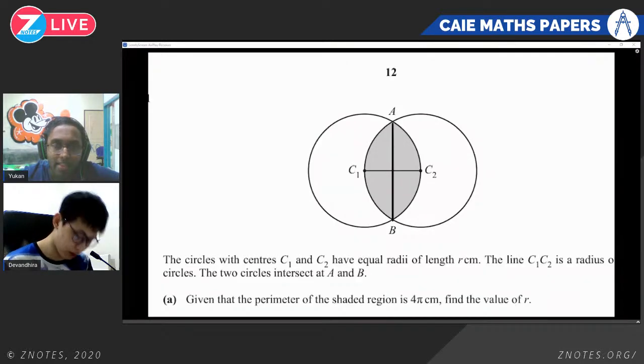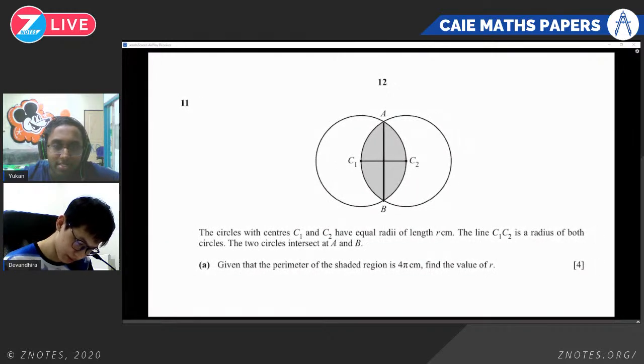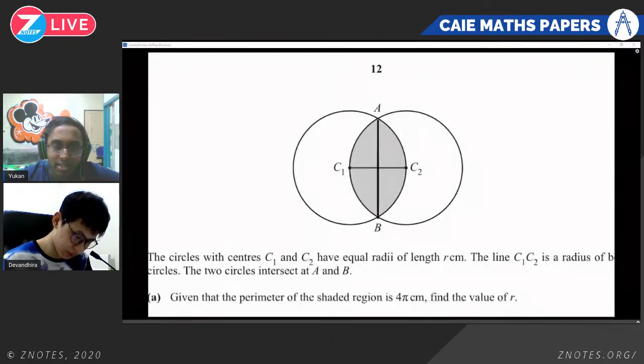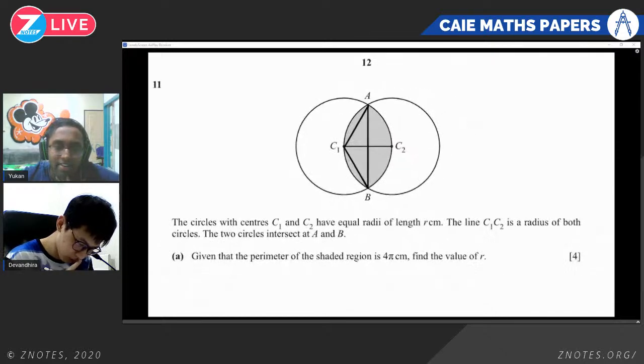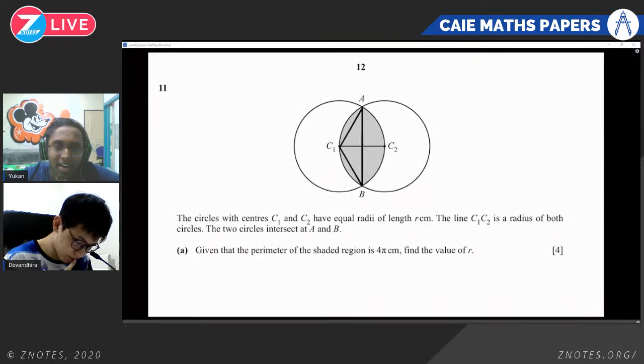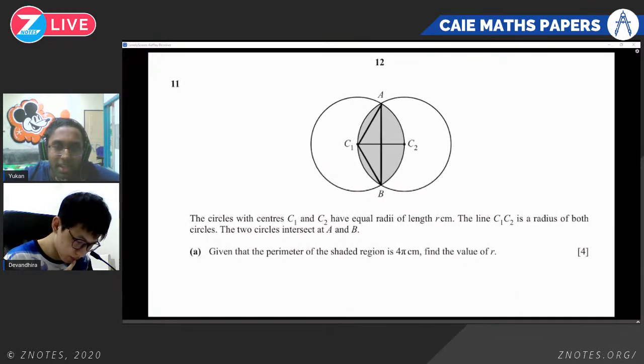Then we draw a straight line from C1 to A and C1 to B. From there, the perimeter of the arc AC2B is 2 pi, for this one here.